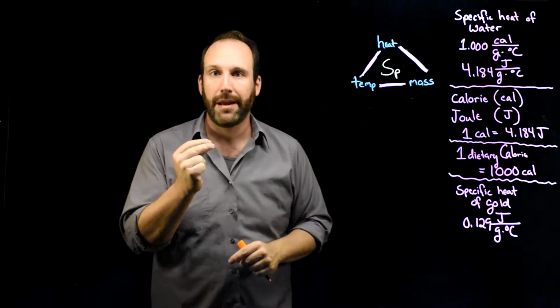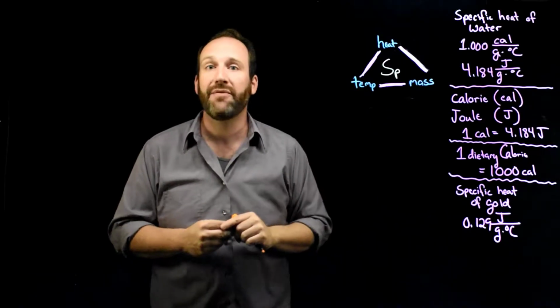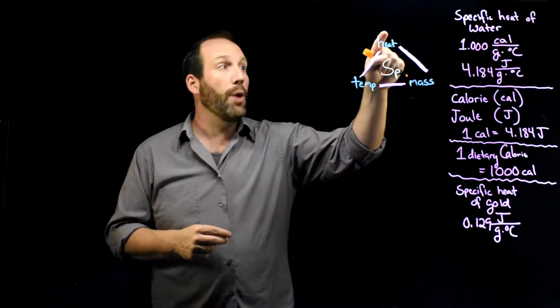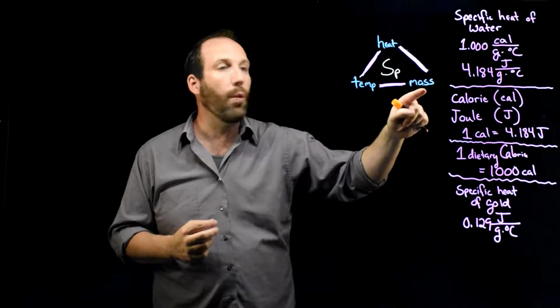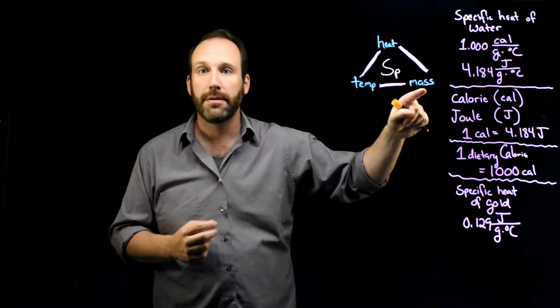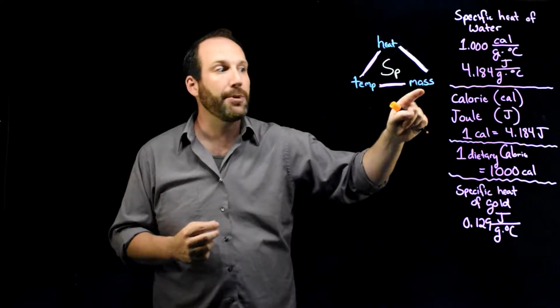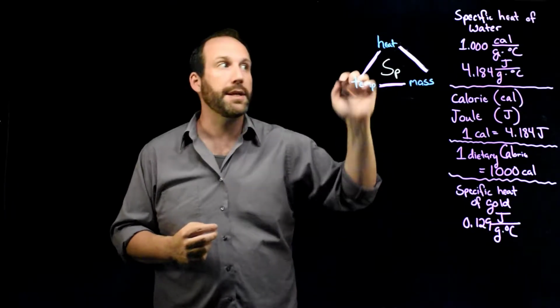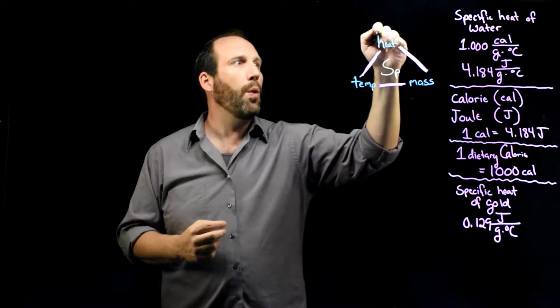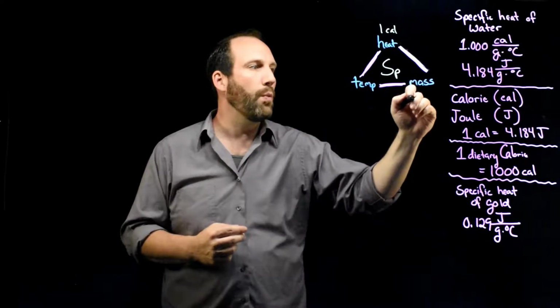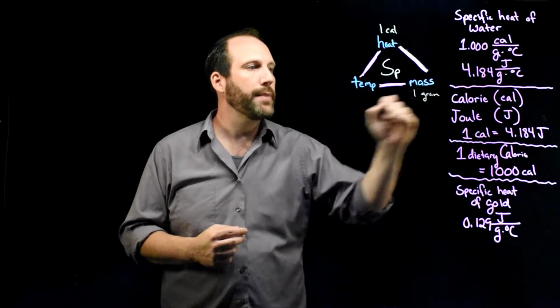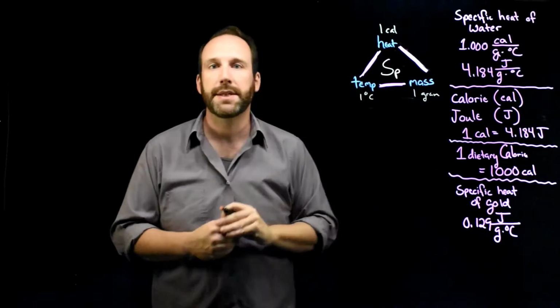One calorie is defined as the amount of heat that's required to make 1 gram of water increase its temperature by 1 degree Celsius. So 1 calorie is the amount of heat that's required to raise 1 gram of water 1 degree Celsius.